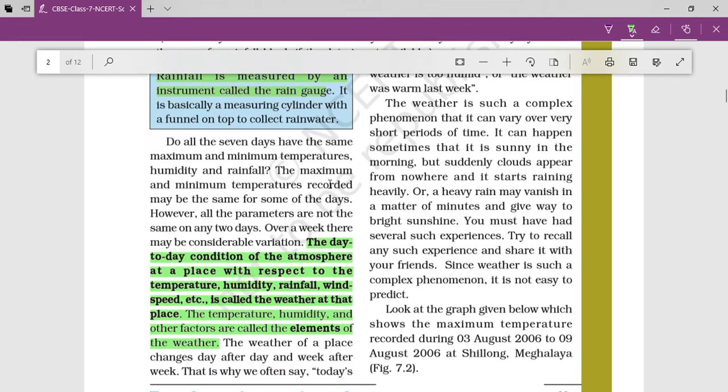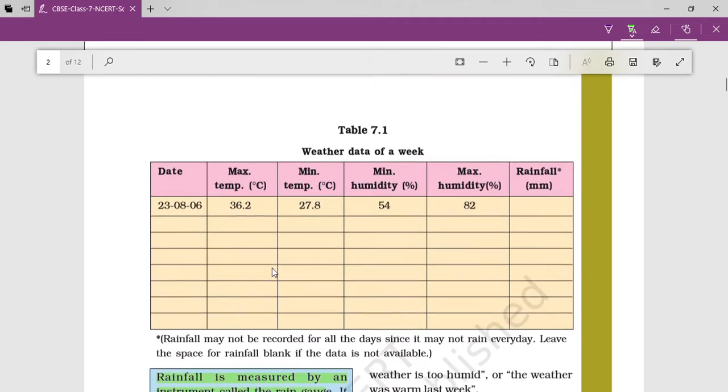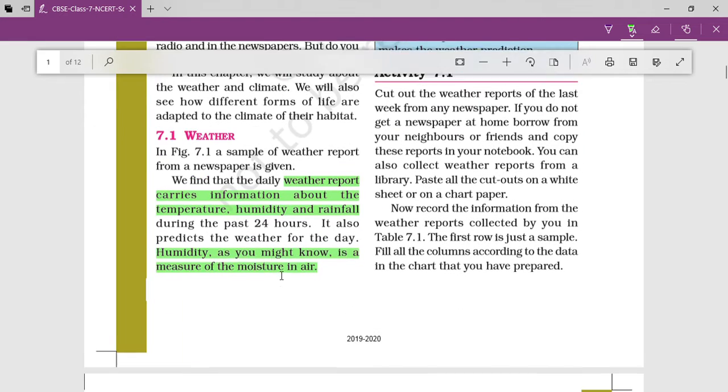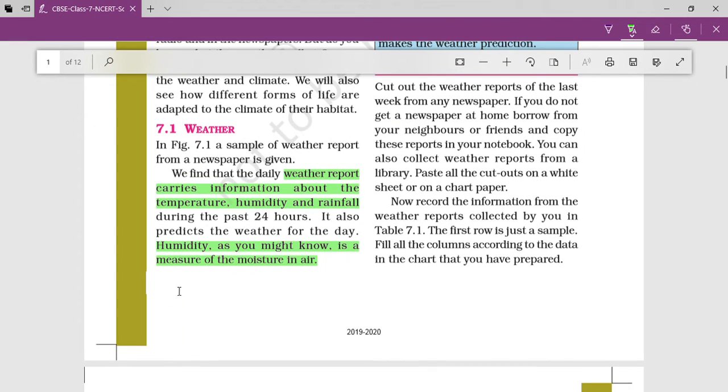Next element is humidity. It is defined as the amount of water vapor in the air which causes dampness of the air. The definition is also given in your book. Humidity is a measure of the moisture in the air.